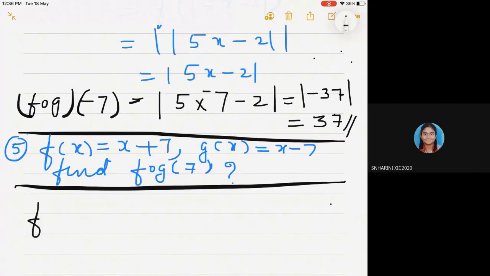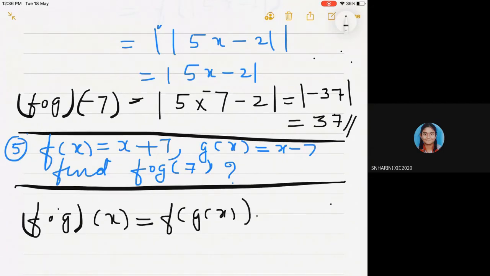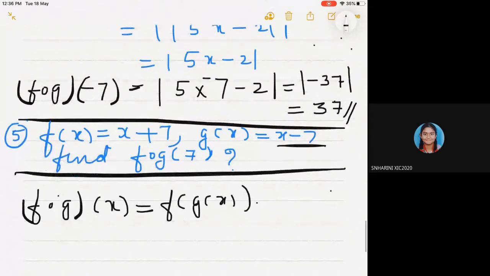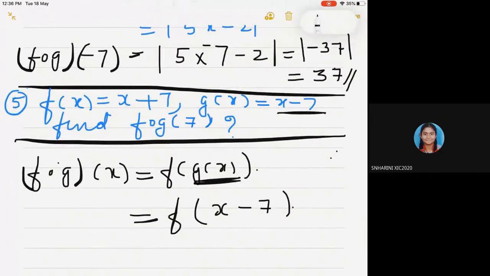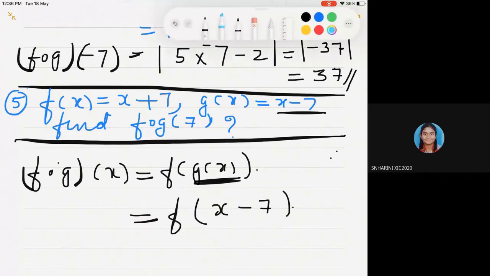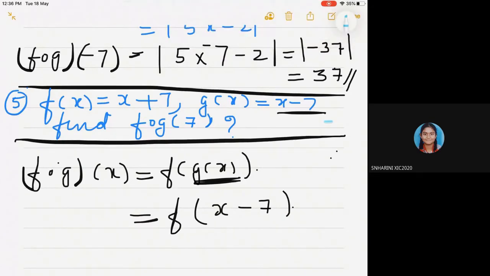So what is that? f of g of x, you will find out first. It will be f of g of x, and g of x value first we will replace. So that is f of g of x is f of x minus 7. And now you have to see that when you find out the image of x under f, you are getting this expression x plus 7.